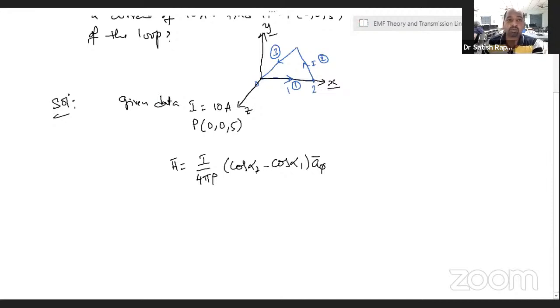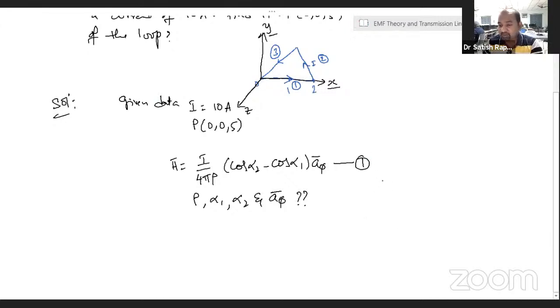In the problem it may be infinite or it may be finite. We will consider this H bar equals I by 4 pi rho (cos alpha 2 minus cos alpha 1) a phi bar, and let us say this is equation 1. I is given, and we have to calculate rho, alpha 1, alpha 2 and a phi bar. So we have to calculate all these parameters.